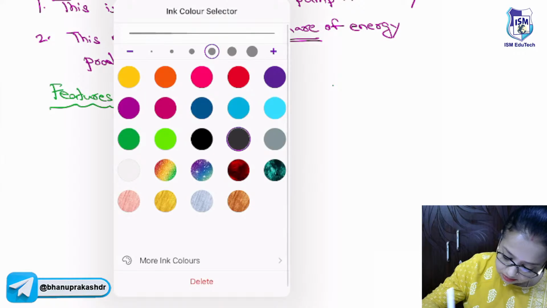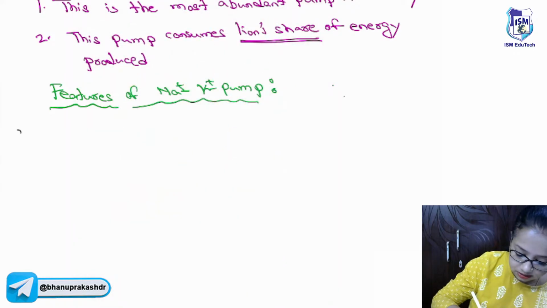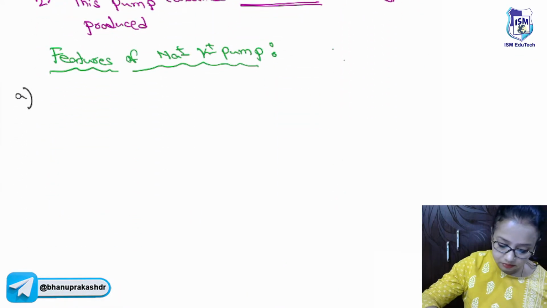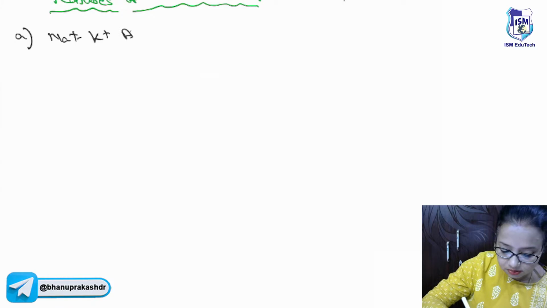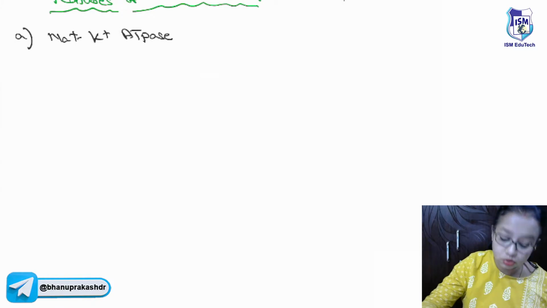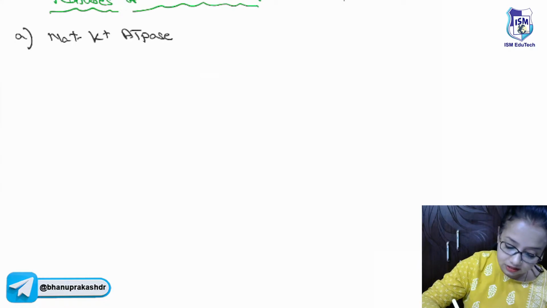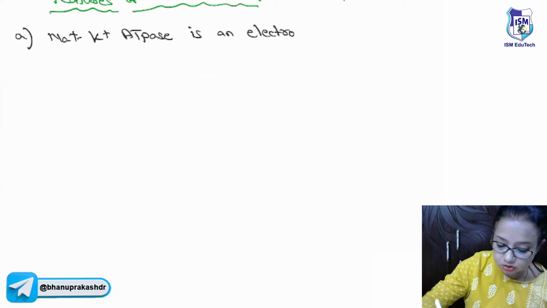First, we start with this sodium potassium ATPase pump, which is also an exchanger. This is an electrogenic pump.